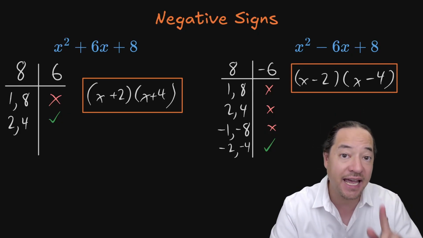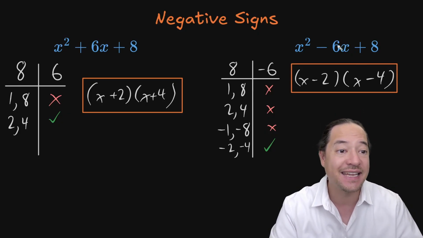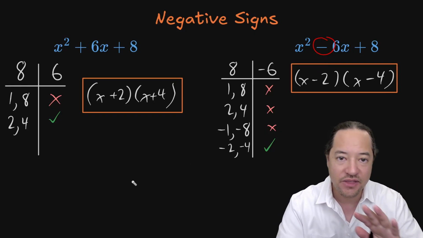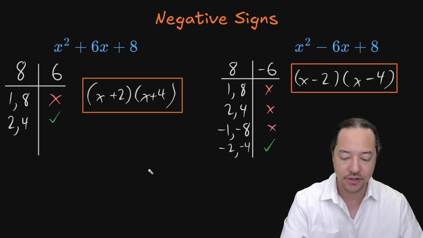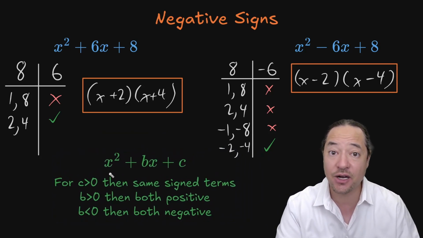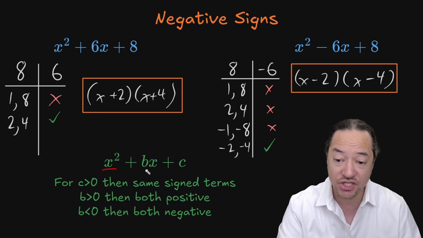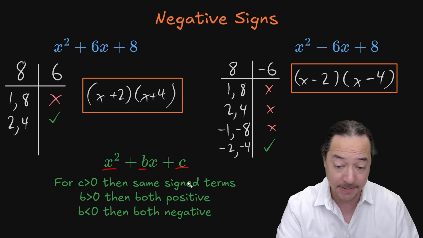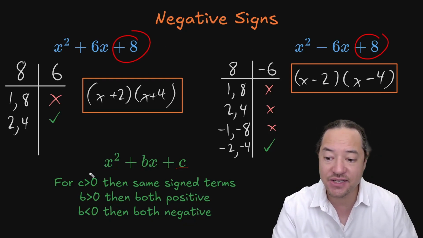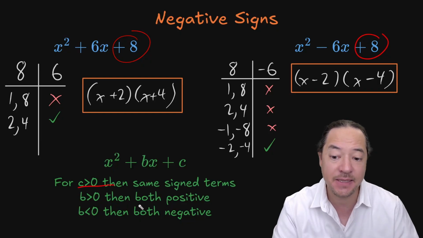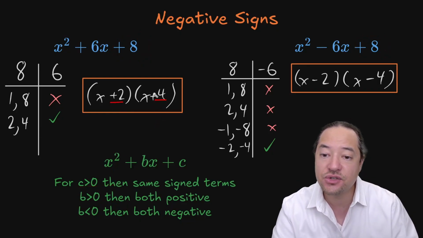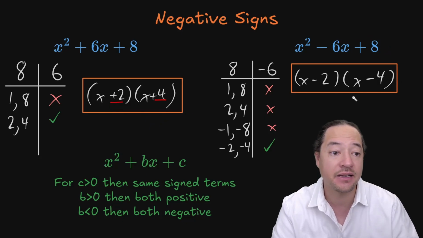Okay, so we can work with negative signs in this position. Just notice what's happening here. So there's sort of a general rule that I'm going to introduce. In general, if we write down our quadratic, some x squared plus bx plus c, then while this c value is positive, for all positive c, notice in our factors, these two numbers are going to have the same sign.